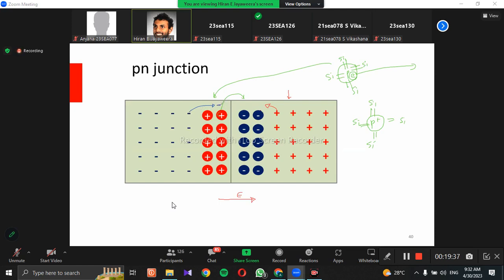One process is diffusion. So this electron tries to move towards the right because of the diffusion. Now, when the electron moves here, we have an electric field here. Because of the electric field, what is the trend? If you have a negative particle in this electric field, which direction will it go? Is it A or B?